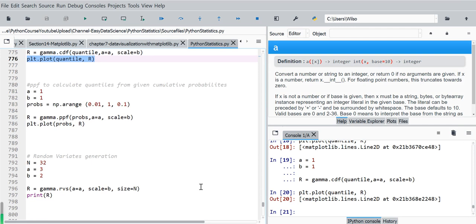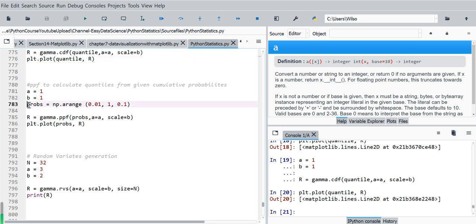So the third function is called ppf, which is used to calculate the quantiles, that is, calculate the random variables from given cumulative probabilities. This function actually is the inverse operation of the cdf, the last one.